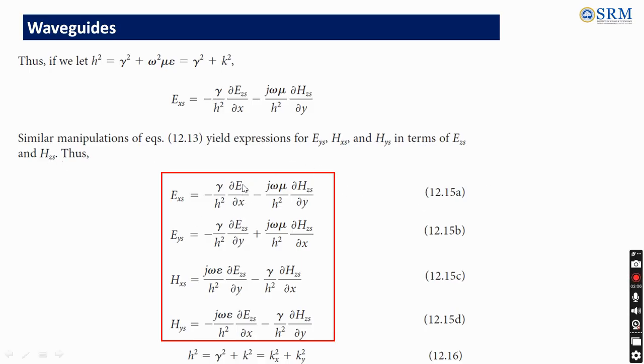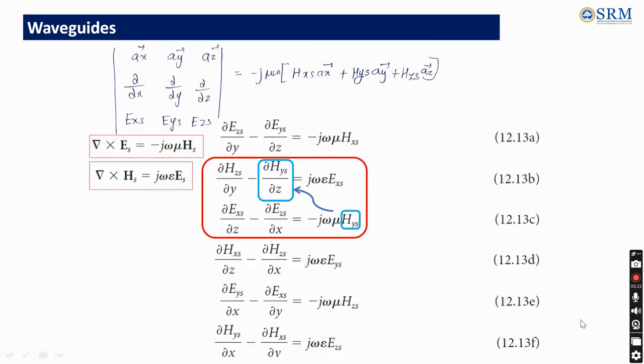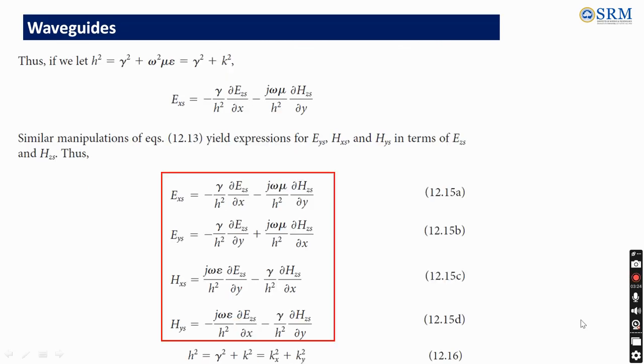So if you see, all the components are having Ez_s and Hz_s values. If you know these two components, that is the electric field and magnetic field along the wave propagation direction, the wave is propagating along the z direction in the rectangular waveguide, we can find the other field components.